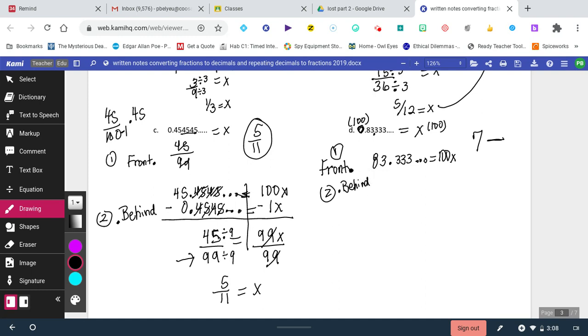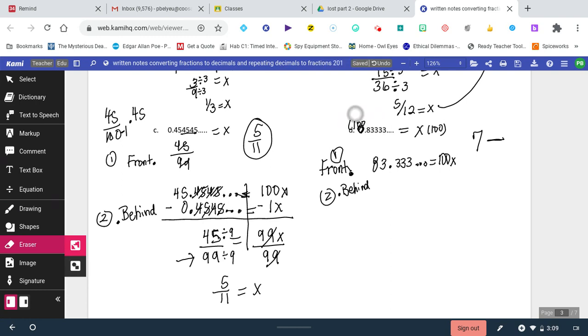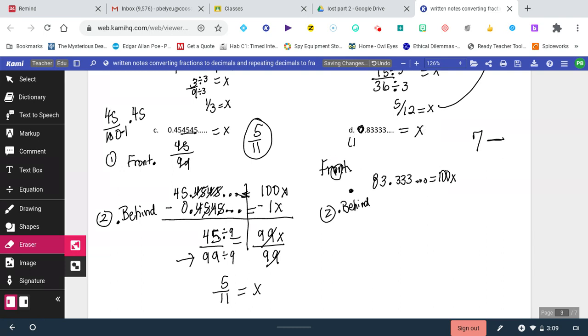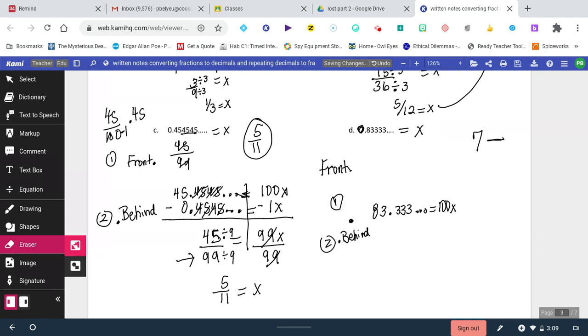And then for the second, I need to get the repeating part behind the decimal, only the repeating part. You have to ask yourself, what's keeping you from having the repeating part behind the decimal? I need that 8 out of the way.